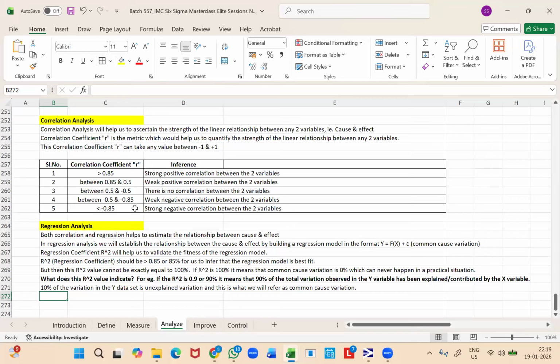In systematic sampling, we predefine that every nth item coming out of the processing or production queue will be picked as a sample. If you predefine that every third item will be picked, then the samples will be picked in multiples of 3: the third item, the sixth, the ninth, the 12th, the 15th, and so on. For multiples of 5, it is the fifth item, the 10th, the 15th, the 20th, and so on. So this is systematic sampling.